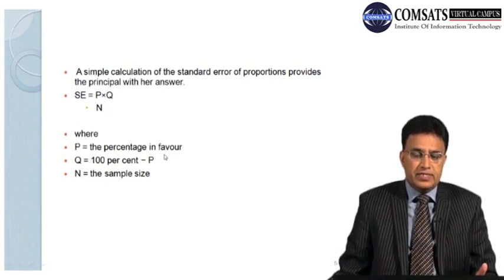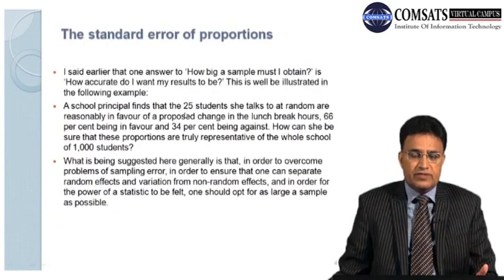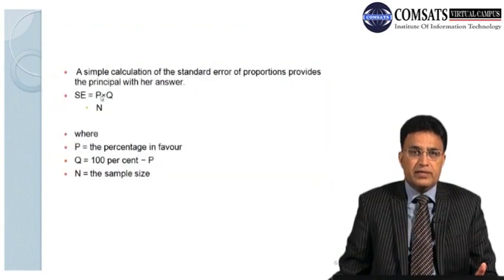Where P is the percentage in favor, and in this case there were 25 students, 66 were in favor, 34 were against. So P is the percentage in favor, that is 66, multiplied by Q, that is 100% minus P, that is 66 here, and that is divided by the sample size.